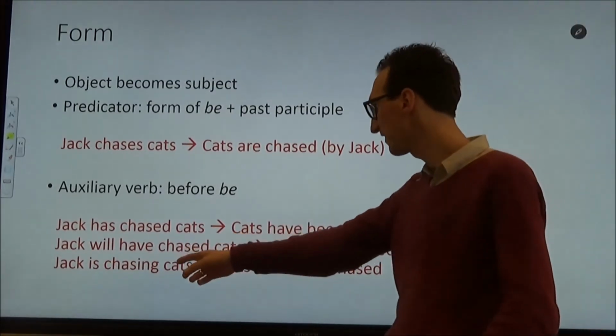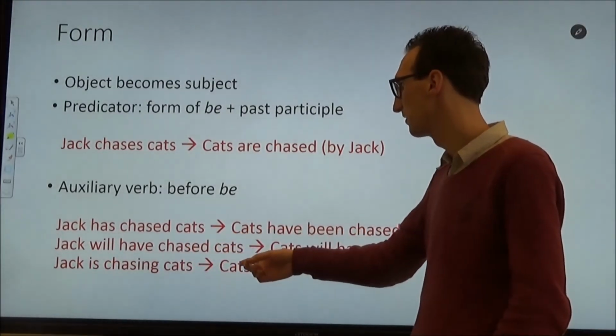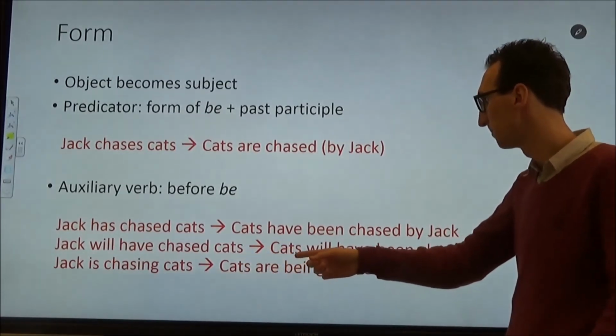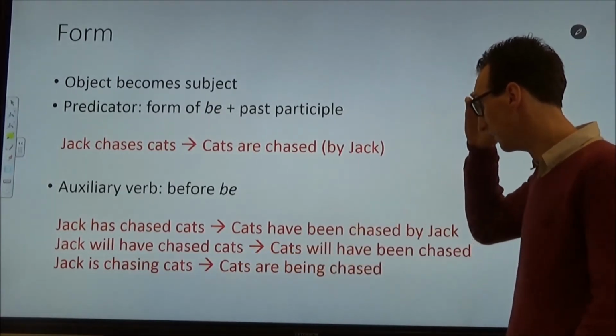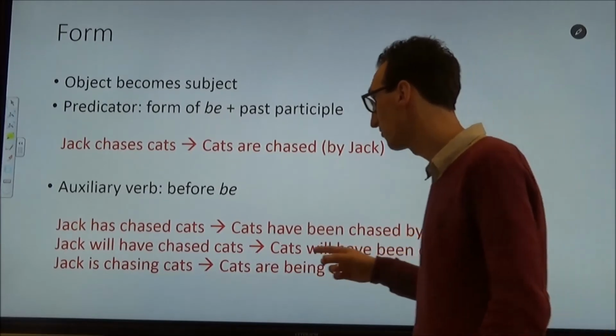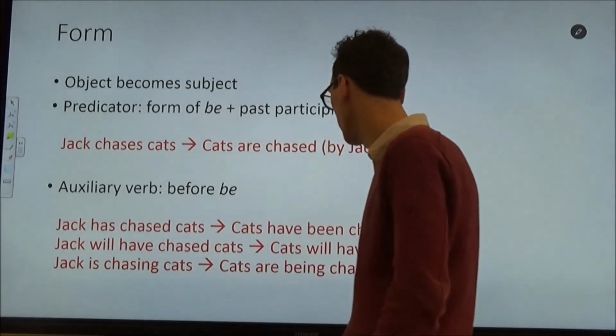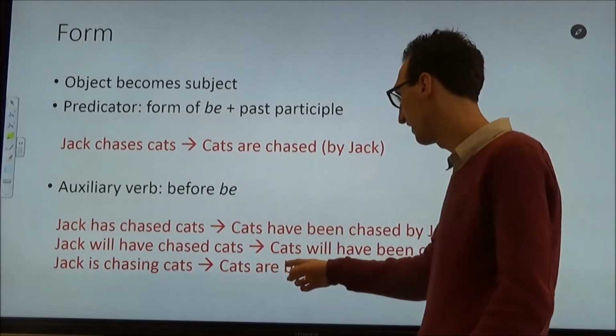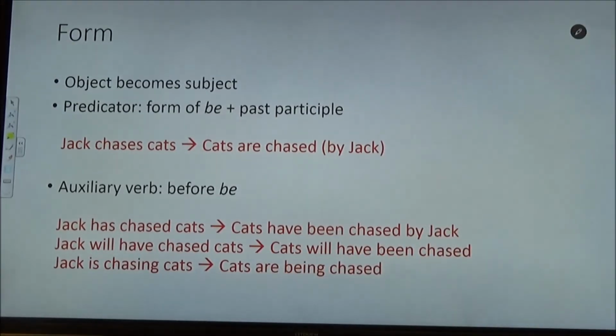Let's look at the last one. Jack is chasing cats. Cats was the object, becomes the subject. Then any auxiliary verbs, yes, is. So that comes first. Is. So cats are. But then this one is a present continuous, so we need to use a continuous verb form.